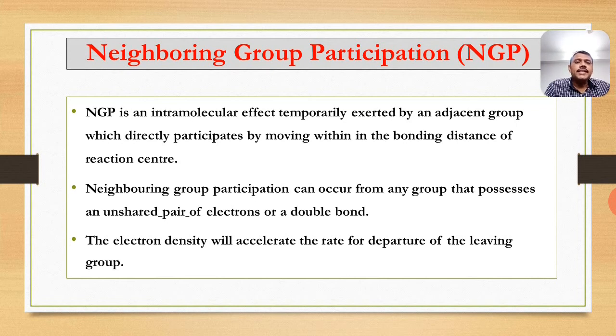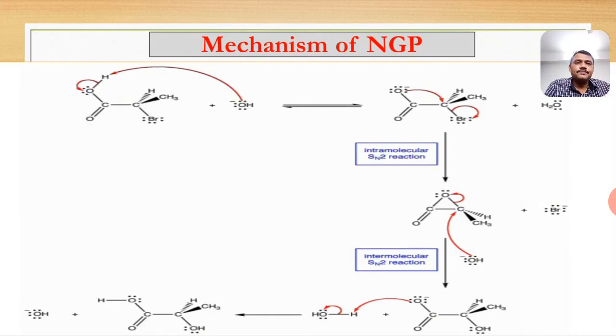The electron density will accelerate the rate of departure of the leaving group, because in any substitution reaction, if the leaving group departs easily, then the rate of reaction is accelerated.